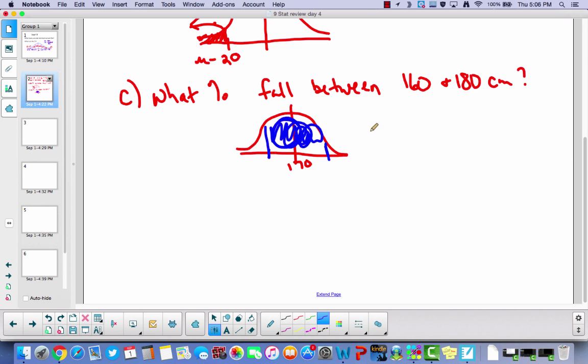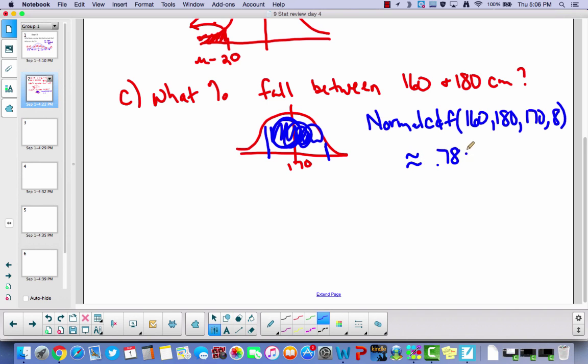So remember, one way to do that is, since we're doing a cumulative here, we're adding two things, we're going to use our graphing calculator. We're going to use our normal CDF. We need our low, so 160, our high, 180, our mean, 170, and our standard deviation, 8. When we put that into our calculator, we get approximately 0.789.